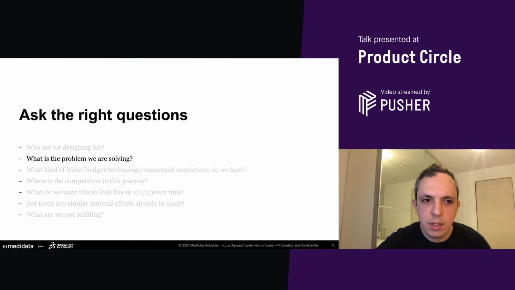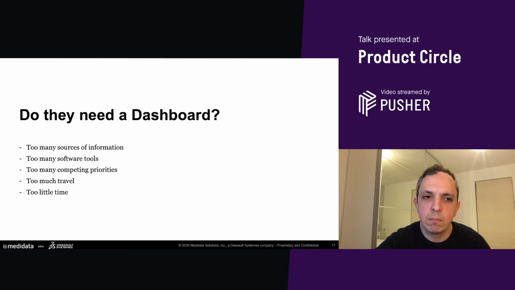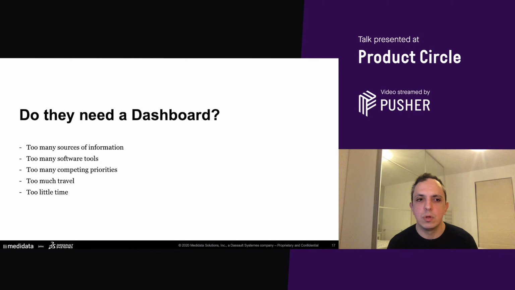So what is the problem we are solving, right? Do our users need a dashboard? And we felt like they did. As I said, they are exposed to many different sources of information from various different systems. They use too many software tools, and they also have too many competing priorities. A typical CRA might be looking after 20 or 30 participating sites in a clinical trial.